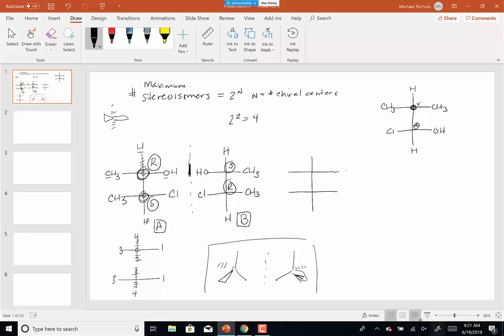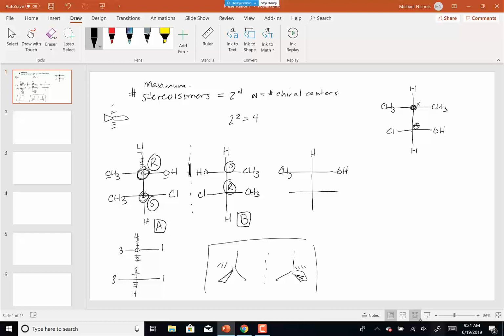Is everybody agreed that RR is going to be different than RS and SR? So let's write the RR configuration for this molecule. So the R is going to have the CH3, the H, and the OH on top.